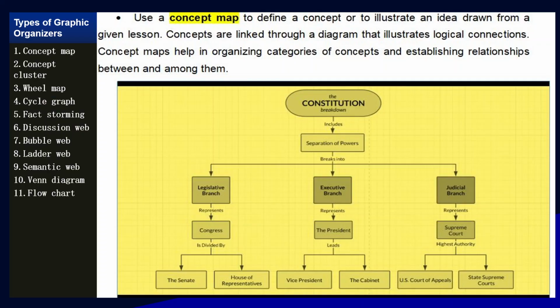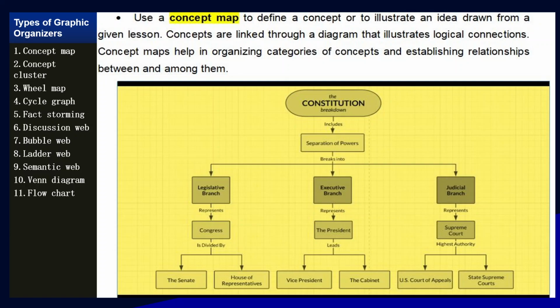According to the VLE, there are actually 11 types of graphic organizers. Number one is the concept map. Concept maps are used to define a concept or to illustrate an idea drawn from a given lesson. For example, if a teacher has a lesson like this in the picture, the Constitution, to convey it easily we would utilize a graphic organizer to make it concrete.